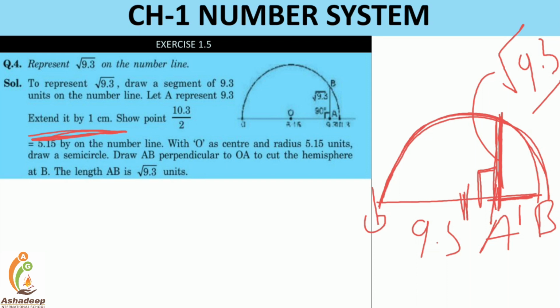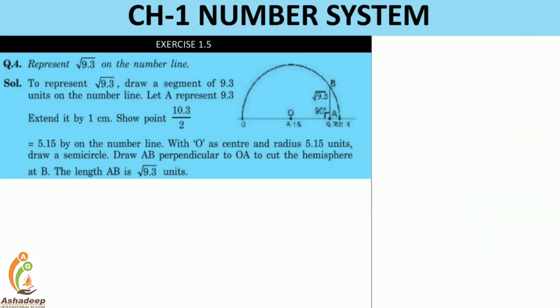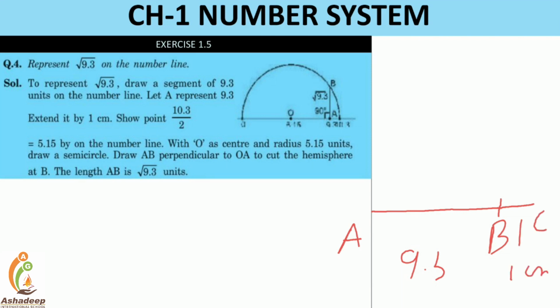And then you can represent this on a number line. See, once again, first of all, draw A. I am giving a different nomenclature here: A, B. AB is nothing but 9.3. Now extend from B to C only 1 centimeter.